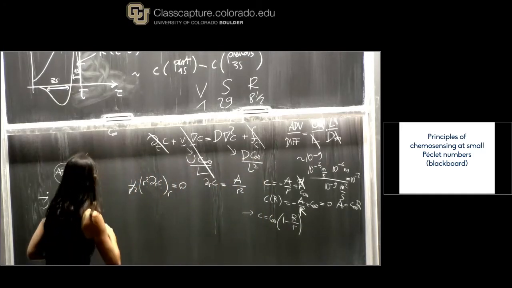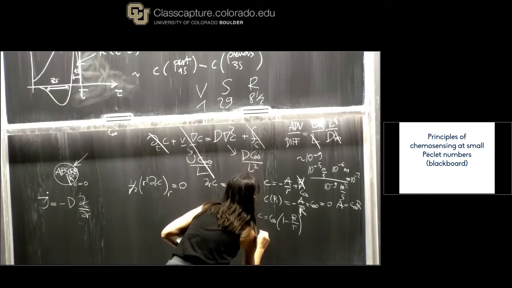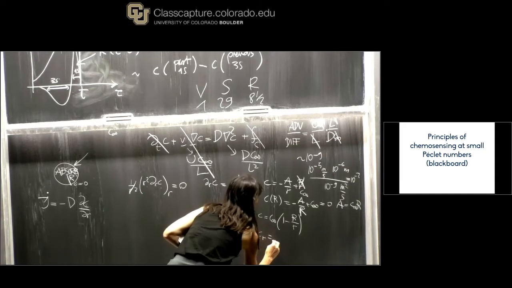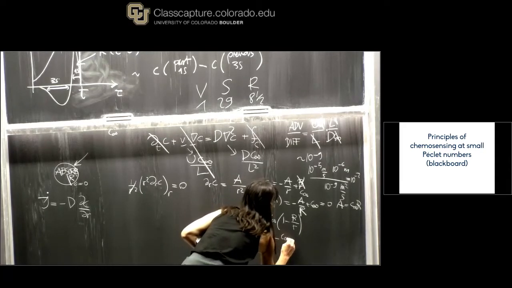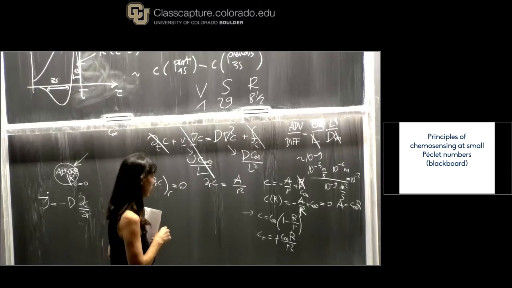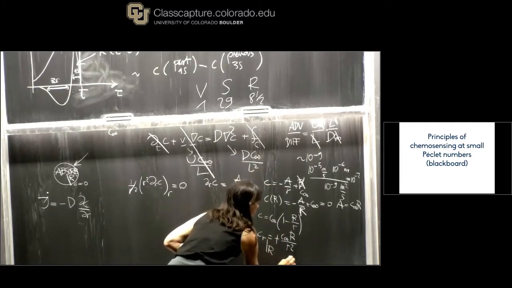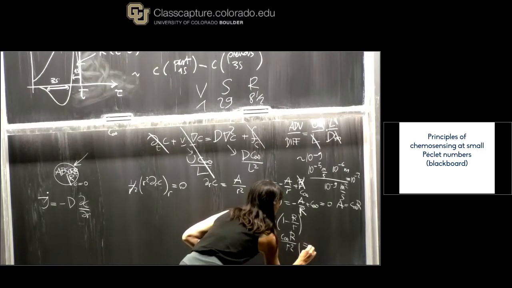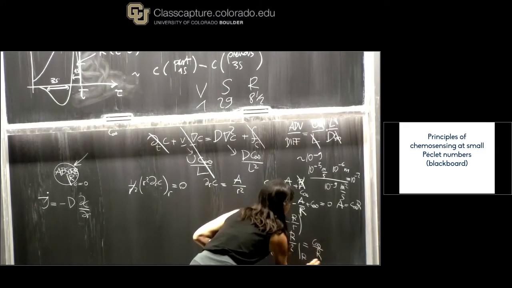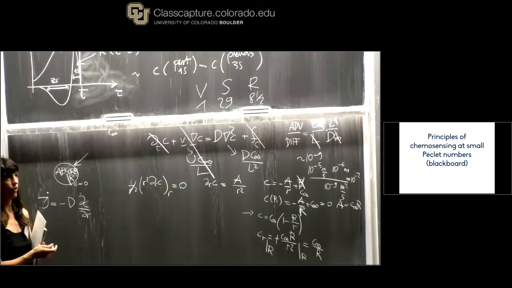Now if I calculate the derivative, what do I get? dc/dr equals c infinity R divided by r squared, with a plus sign. And if I calculate this at r equals R, this is c infinity divided by R. Correct? Analogy with an electrostatic potential.